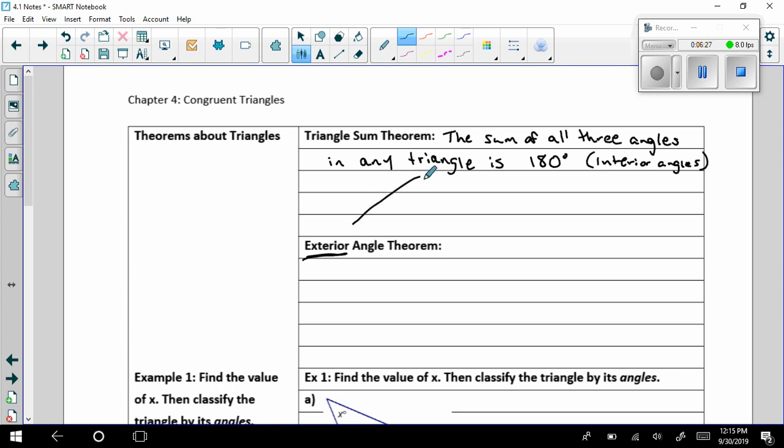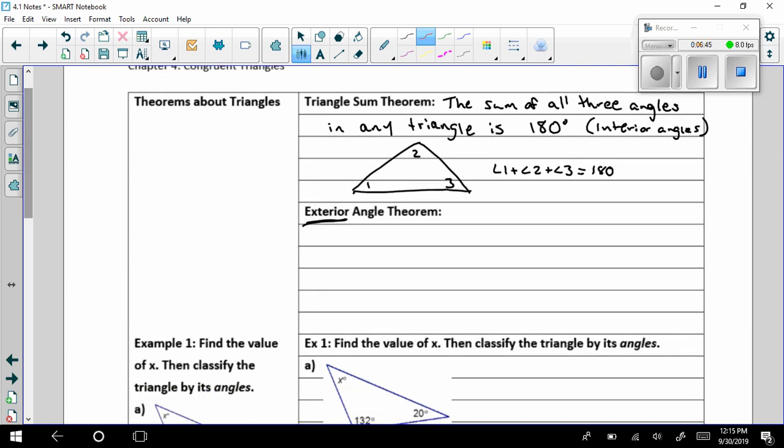So if you have a triangle and we number the angles 1, 2, 3, angle 1 plus angle 2 plus angle 3 is always 180 degrees. And so you can use that fact to find missing angles if you're only missing one of them.